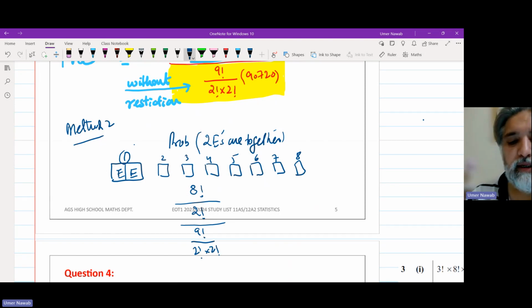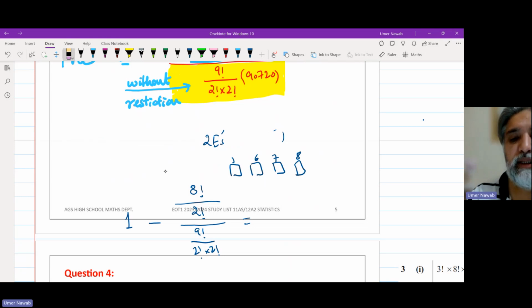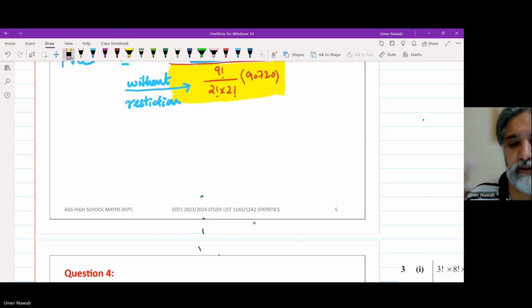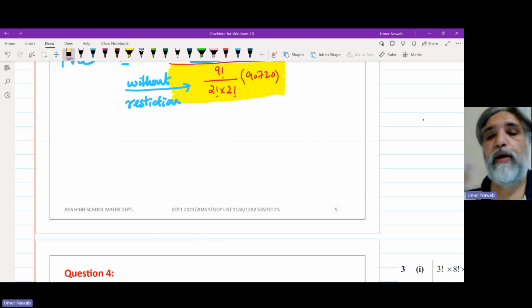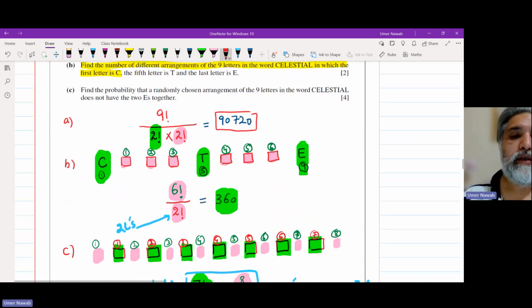Once you find it, guys, and then write 1 minus it, you will get the corresponding probability. But I am not using the second method here. This is only for those students who are willing to use the complement situation. So the final answer comes to me as 7 over 9 for this case.